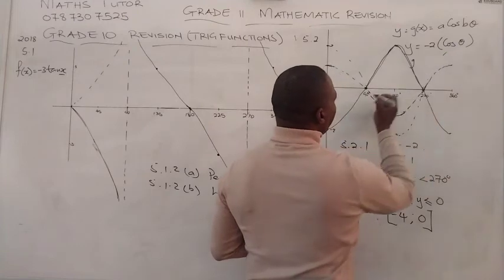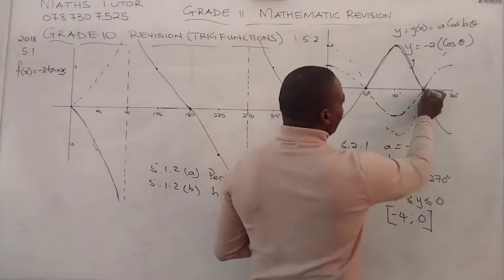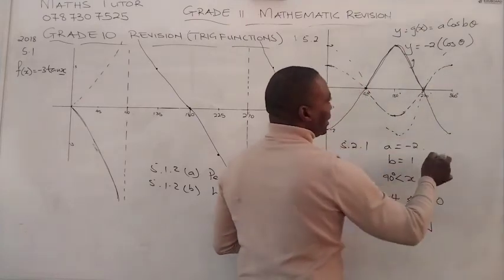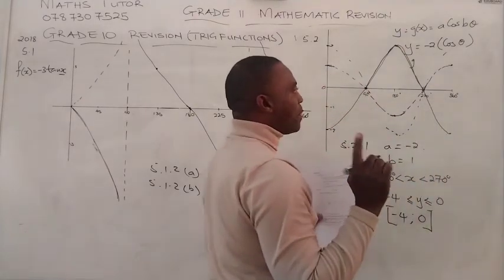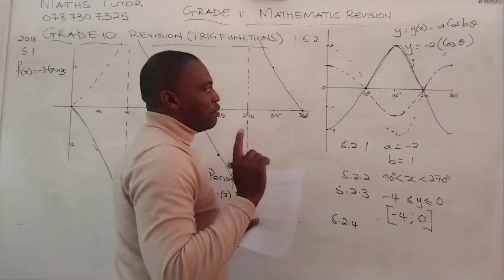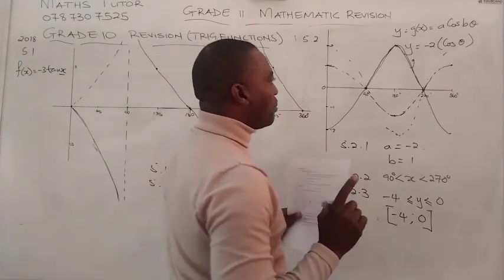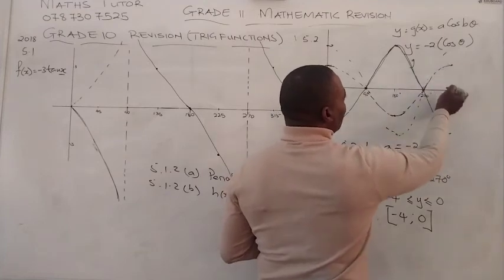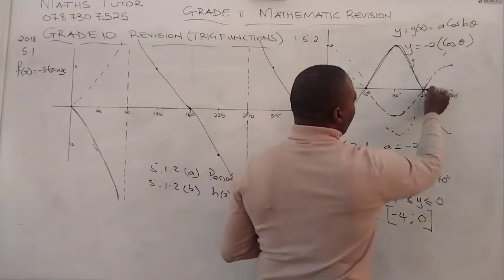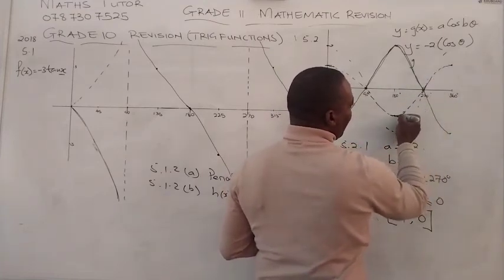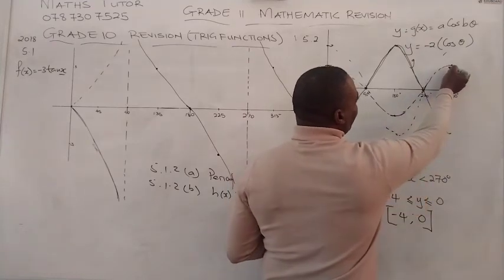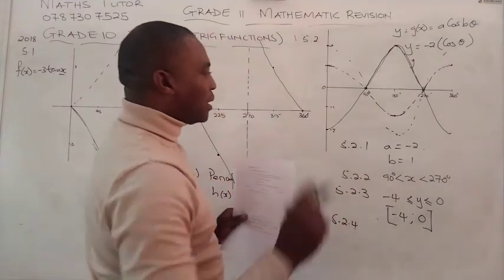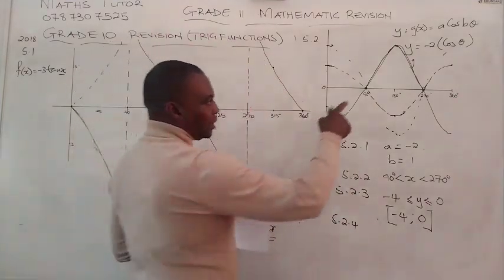And these positive values will eliminate these negative values until you get to 360. So the only value that will remain is cos 360 degrees, which is 1, because all these have been eliminated from 181 to 359. So the only one that will remain is cos 360.